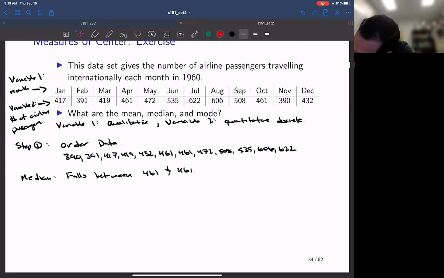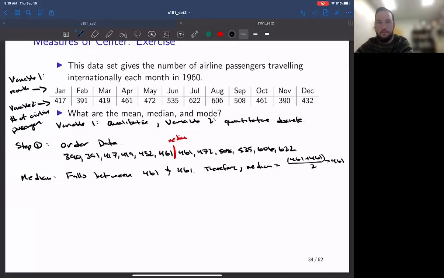So we can see that the median is going to be in between the two 461s, because on each side of that, we will have 6 values. Therefore, the median equals 461 plus 461 over 2, which is 461.